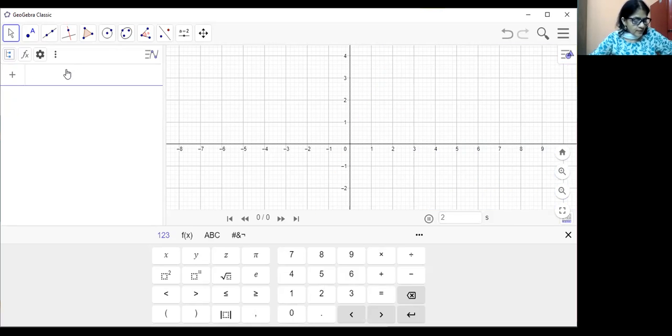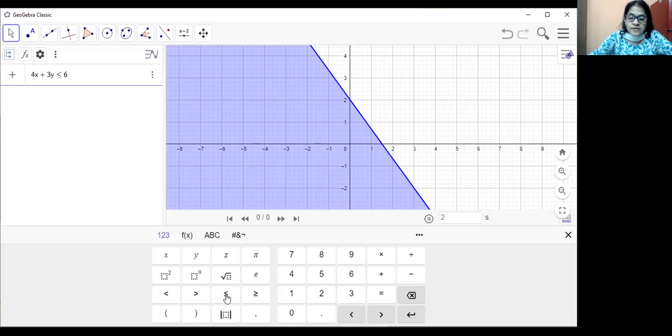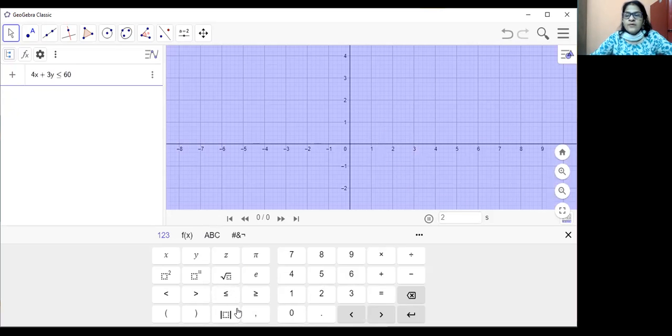One more thing here: if I write 4x plus 3y less than or equal to 60. Okay, I can just minimize the window.